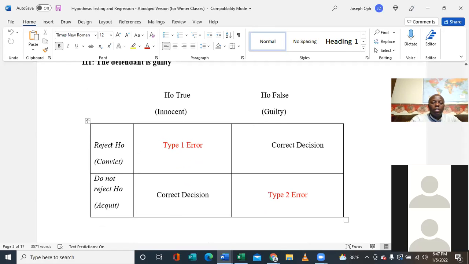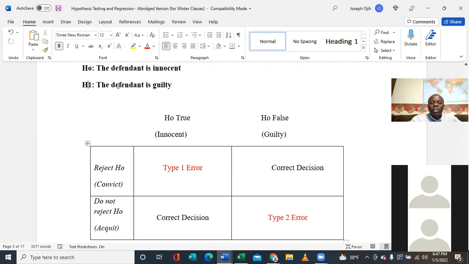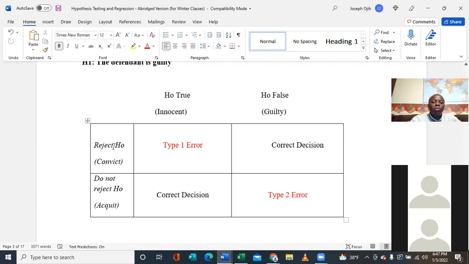Now, in hypothesis testing, you either reject H0 or you don't reject H0. If H0 is rejected, it means that the defendant is convicted. So if he's innocent and H0 is rejected, that means he's convicted even though he's innocent. Then the court, or the jury, has committed type 1 error.